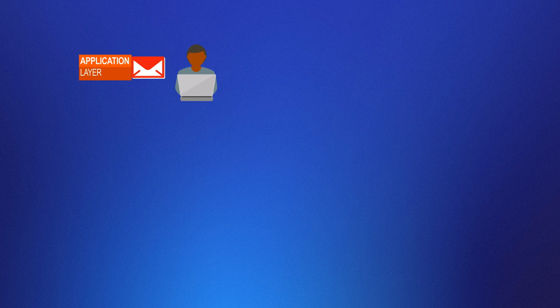After the message has been composed, it has to be formatted in a way which the computer is going to understand. Just like when we are writing a letter. For example, let's say we are writing a letter of application. It has to be written in such a way that the person reading it will understand that this is an application letter.